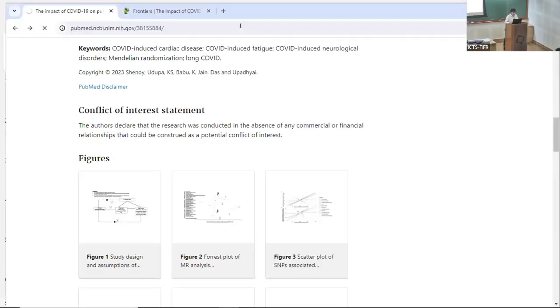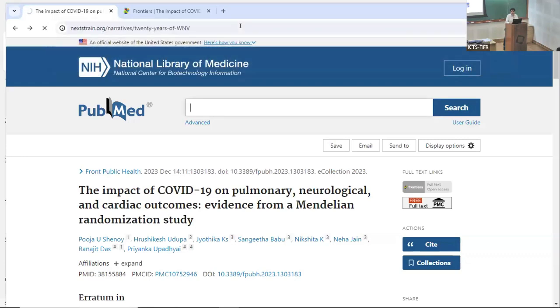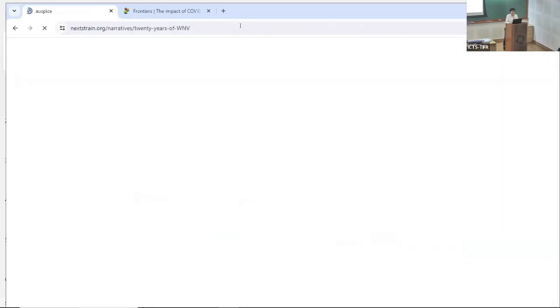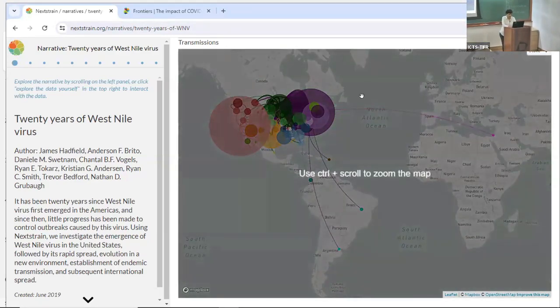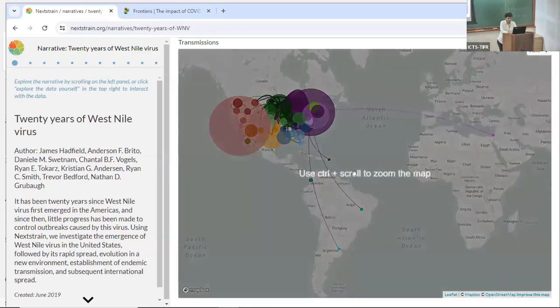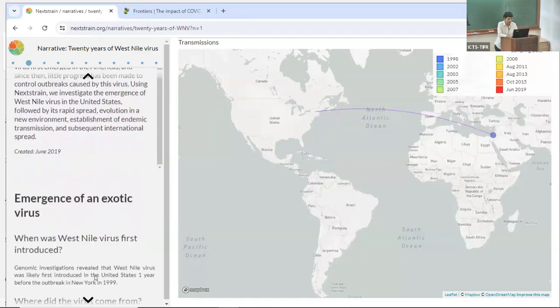So how many of you are familiar with the West Nile virus and the outbreak of West Nile virus in the US? Anybody? Okay. All right. So because we're going to start with pathogen genomics now, I wanted to tell you a story a little bit using the data to say basically how this kind of data can inform us.